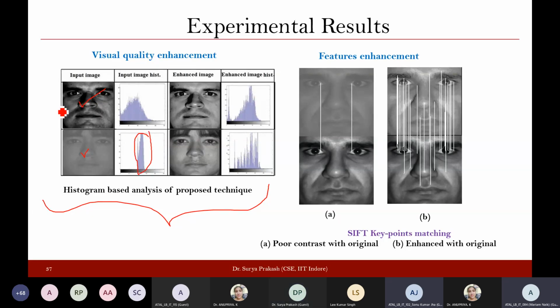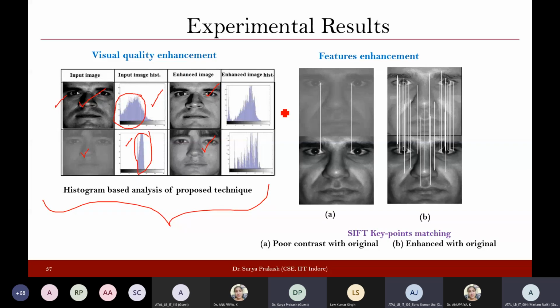In this one, most of the pixels are accumulated in half of the intensity range. Because these histograms are not equally distributed across the range of gray levels, they create a bad contrast image.